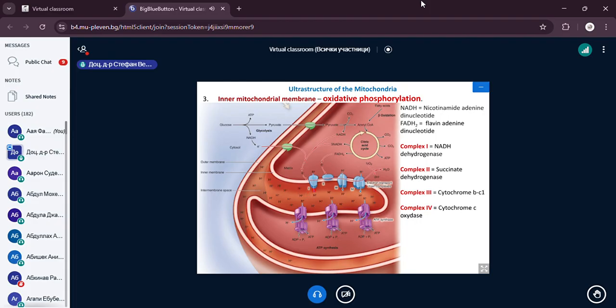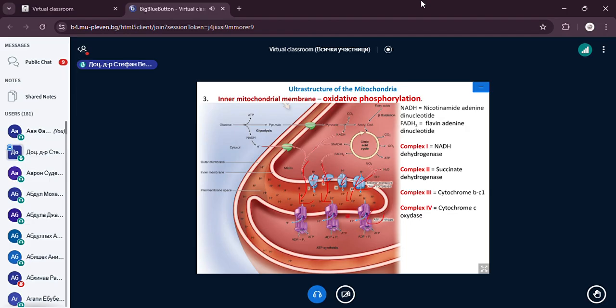The oxidative phosphorylation chain consists of 5 protein complexes which conduct electrons to each other, and while they conduct electrons, simultaneously they pump protons at some levels into the intermembrane space, achieving a very high concentration of protons in the intermembrane space and building a very high electrochemical gradient between the intermembrane space and the matrix.